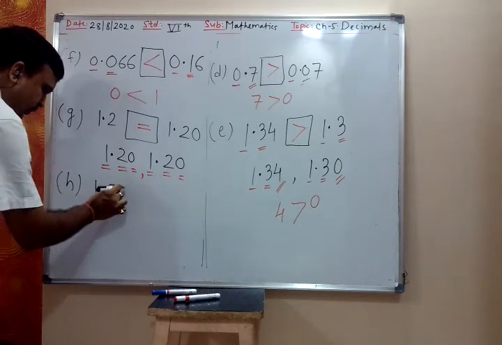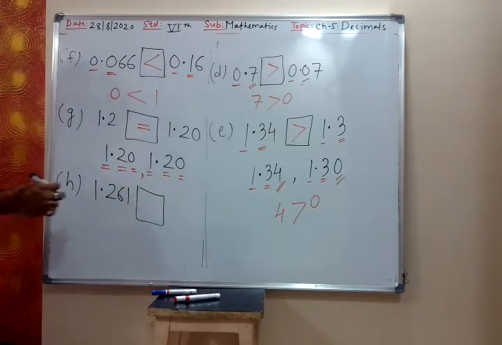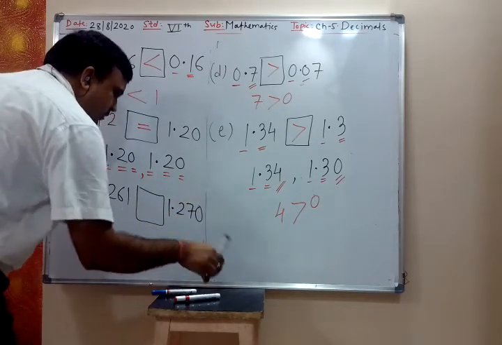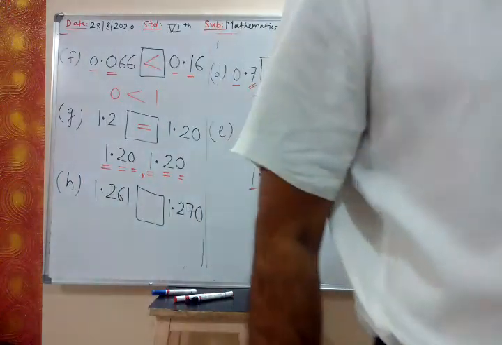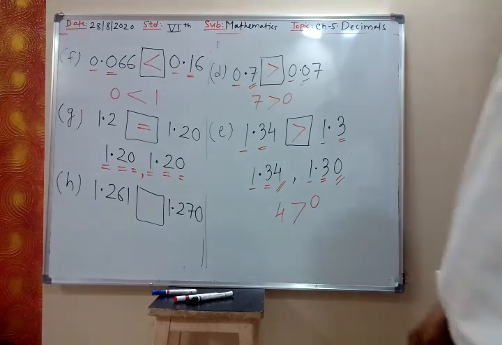Next, 1.261 and 1.270. You have to compare the digits.